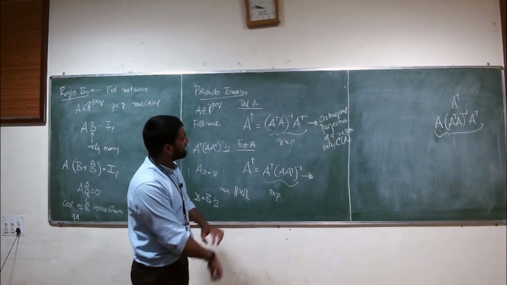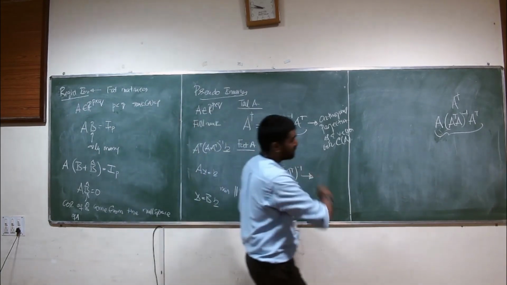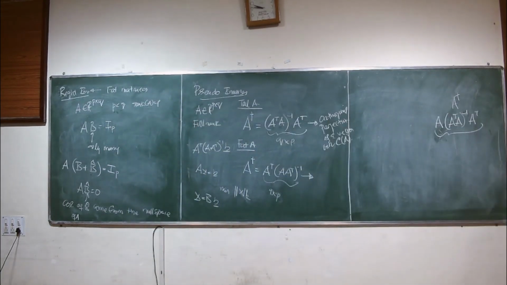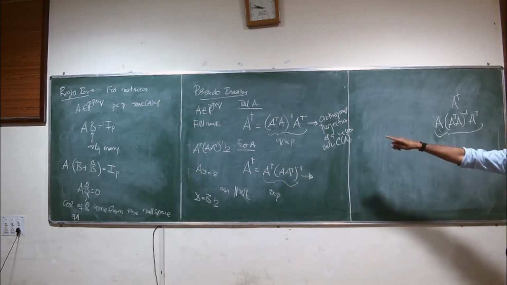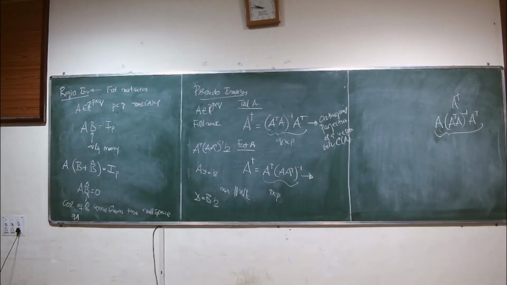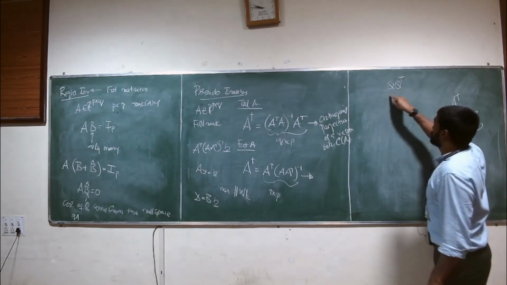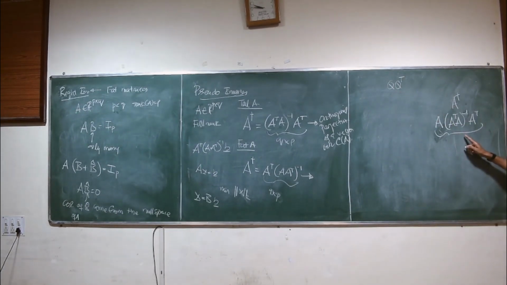I will skip one part, but you can do that yourself. Okay. Here, I said A multiplied by A dagger gives you the orthogonal projection matrix onto the column space of A. That means if I find an orthonormal basis for the column space of A, let's say I call it Q, then Q Q transpose should be equal to this, right?